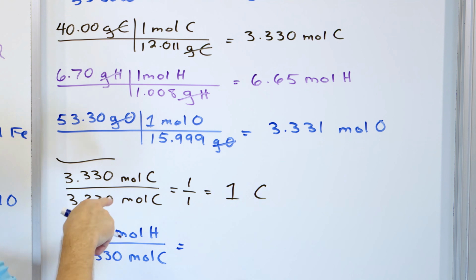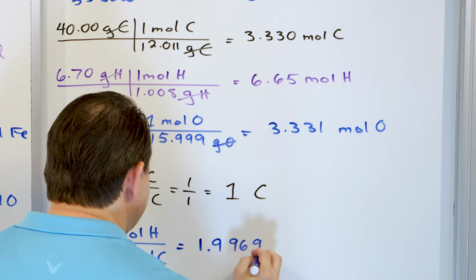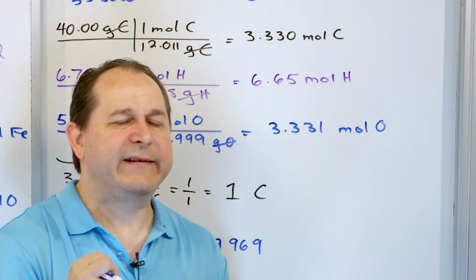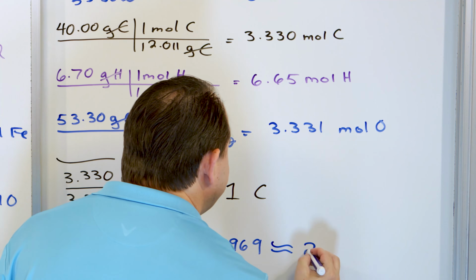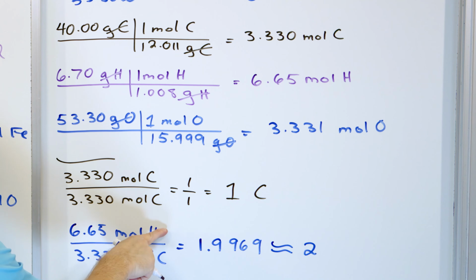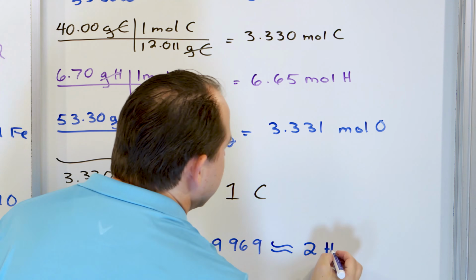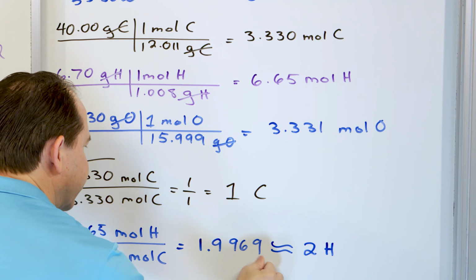Now you have to be a little careful here. When I take this and divide by this, what do I actually get? 1.9969. You see how it's so close to the number 2, then basically you can just round up to the number 2. So I'm going to say this is a ratio of 2, and I'm comparing the hydrogen to the carbon, so this is going to be the subscript for the hydrogen, right? Why am I getting a number that is very close to 2 but not exact?